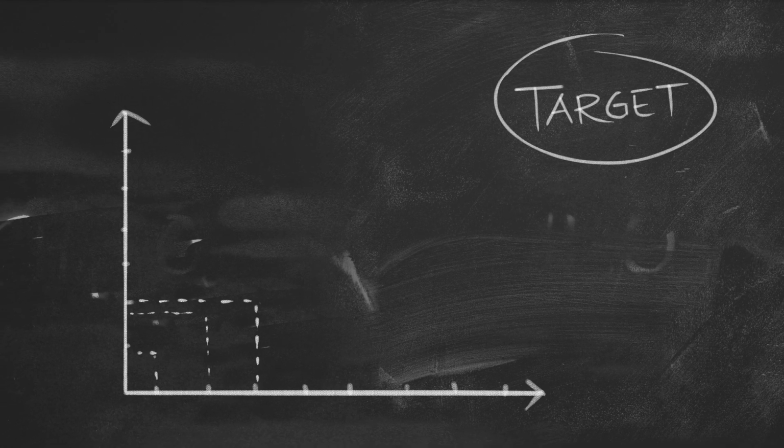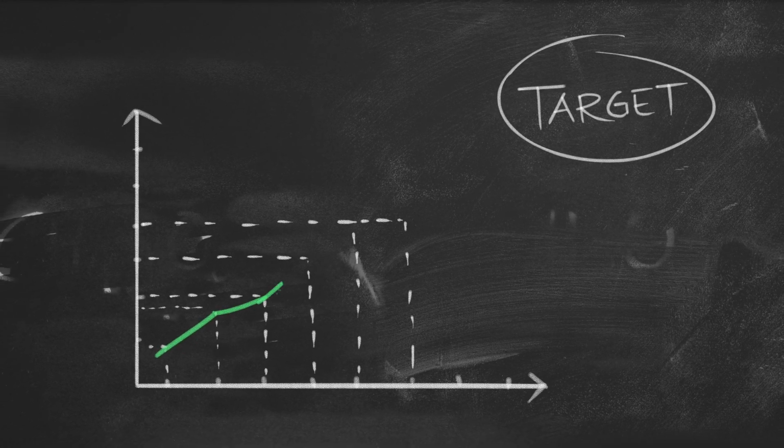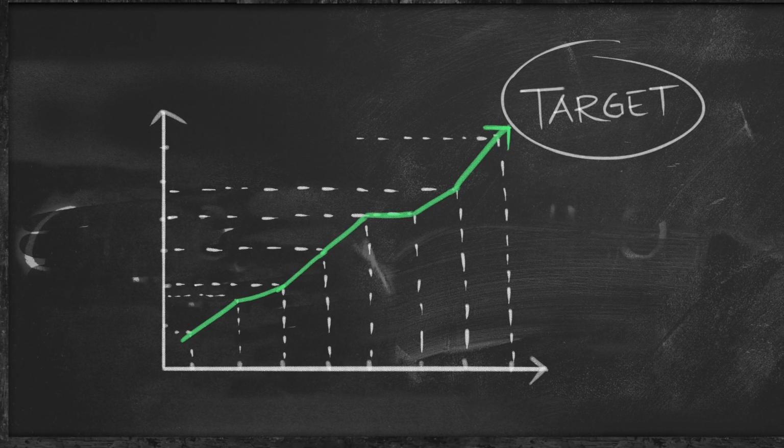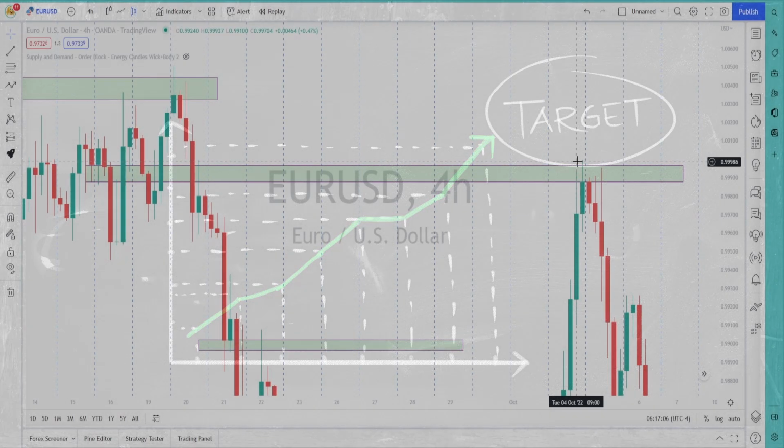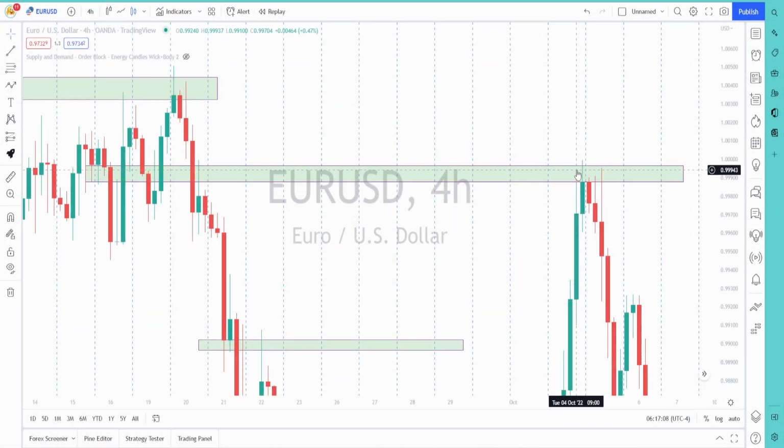Now you could wait for the candle to close, or you can take a more aggressive approach and try getting in on a trade if you see an entry pattern once it comes into your area. And we talk about this a lot on this channel.